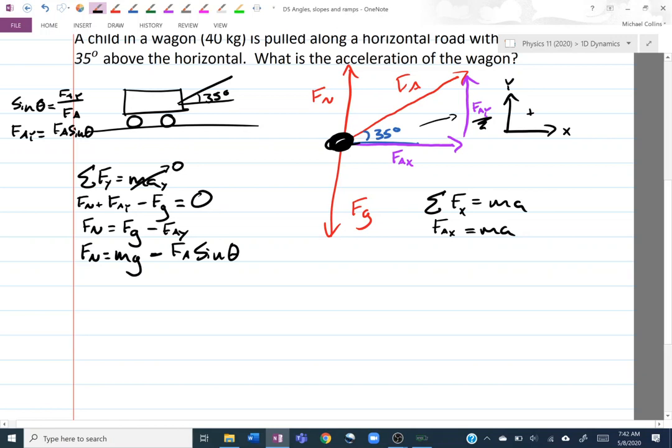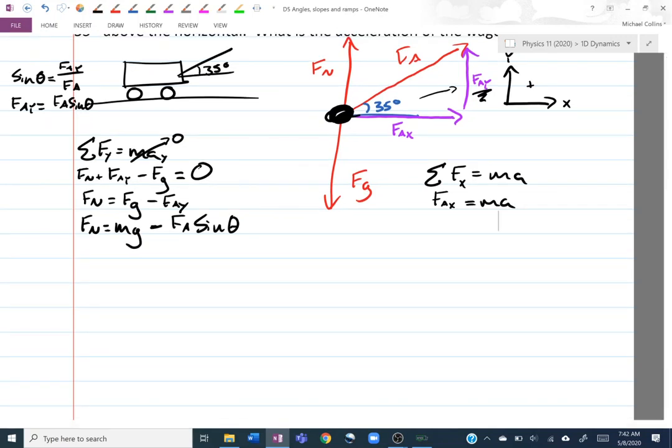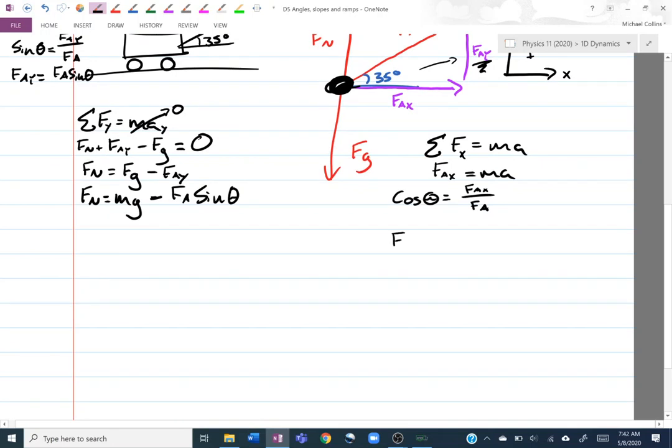I only have one force in my F net statement. Fax, if I look at x, it's a cos, it's adjacent. So cos theta is equal to adjacent over hypotenuse, which means that Fax is equal to Fa cos theta.